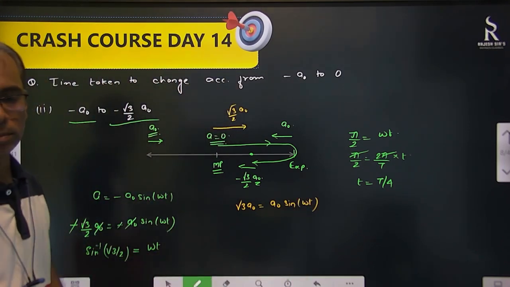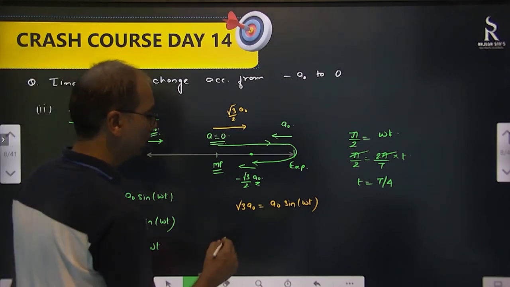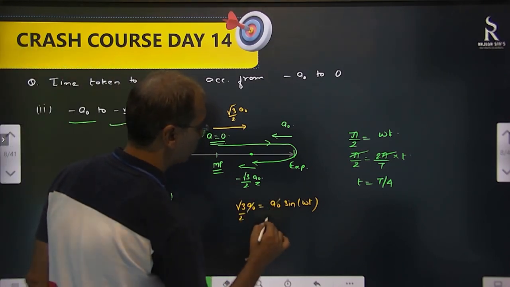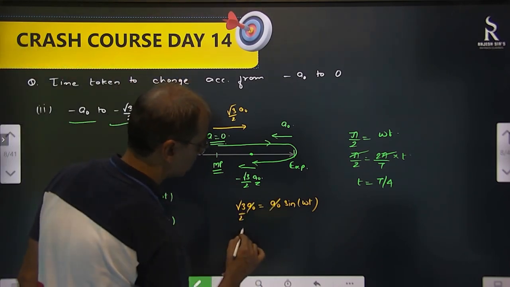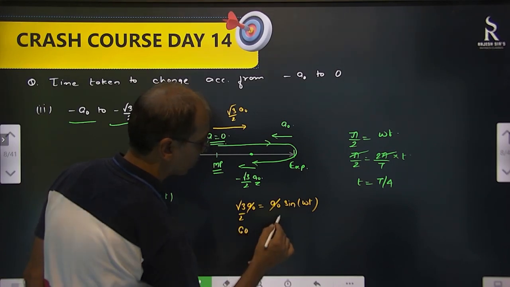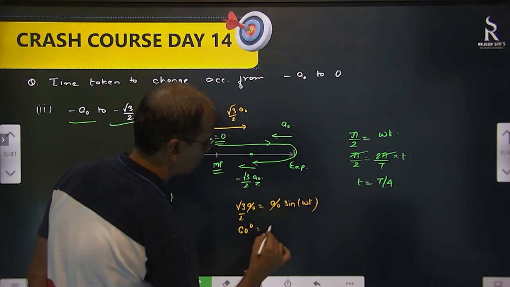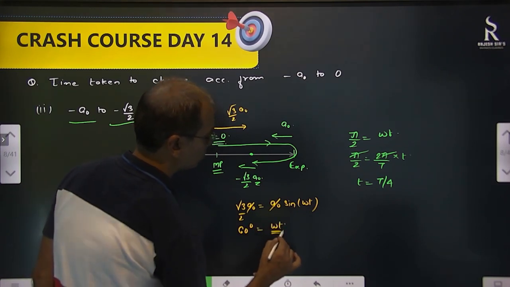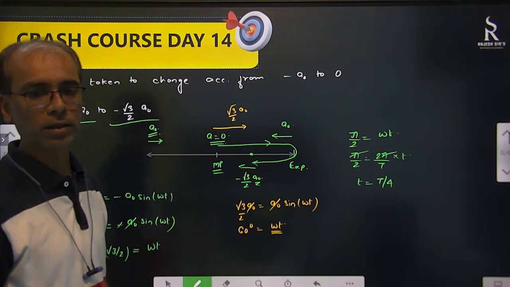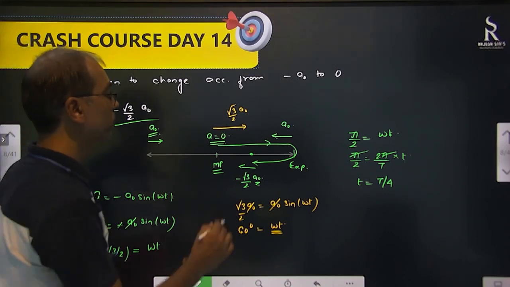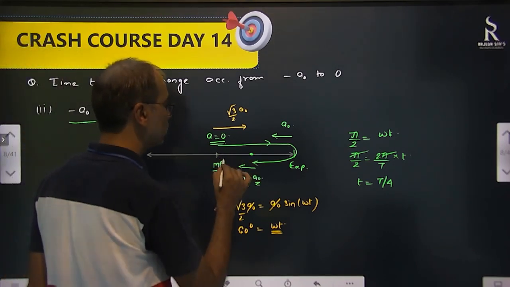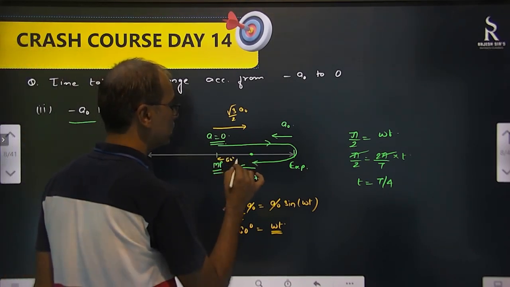Correct or not? Then we would have got the answer at that time. This will be 60 degrees. This is omega t, this is 60 degrees, right? So if this is 60, obviously this also will be 60, the other side when it is coming.